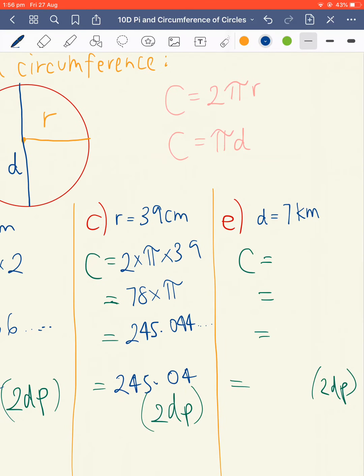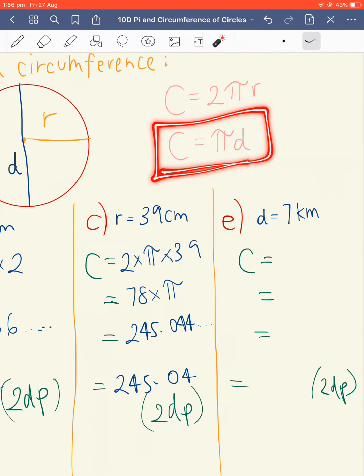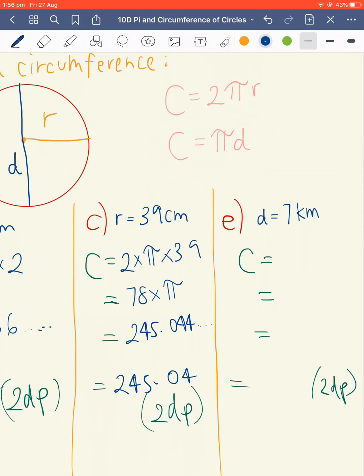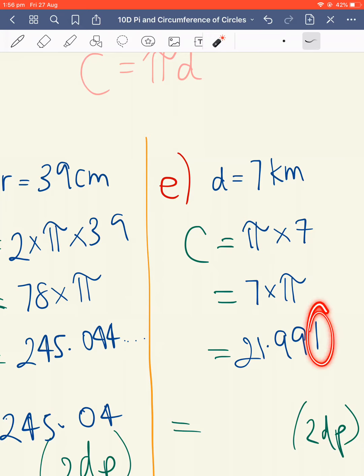Next one I have is my diameter. To find my radius, you can either convert it, so you'd get half of this number, or you can use this one here. I'm going to show you how to do it just with this particular one. I will do pi multiplied by 7, which gives me 7 multiplied by pi, which gives me 21.991, and I only want it to 2 decimal places, so that's rounding down, so I end up with 21.99.